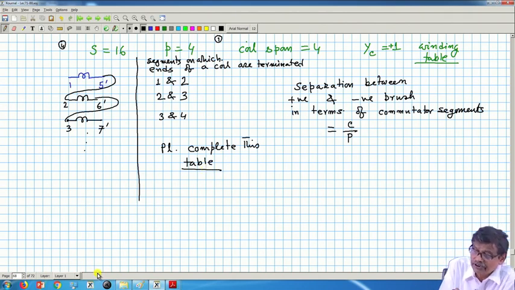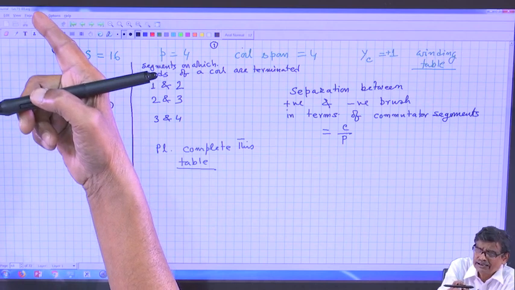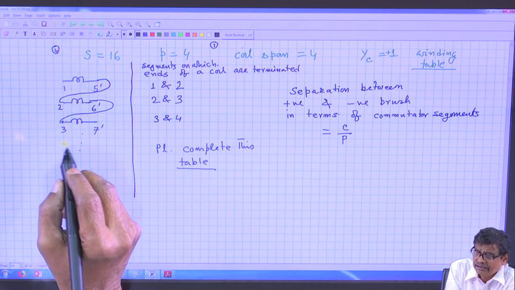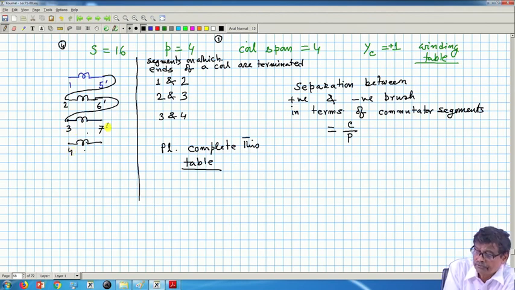See, in fact, after you have drawn several things, it becomes a simple number game. That is why the coil sides are numbered in that way. 1 5 dashed, 2 6 dashed, 3 7 dashed. Then it will be 4 and 4 plus 4, 8 dashed, that is all. Next one will be 5, 9 dashed, and so on.